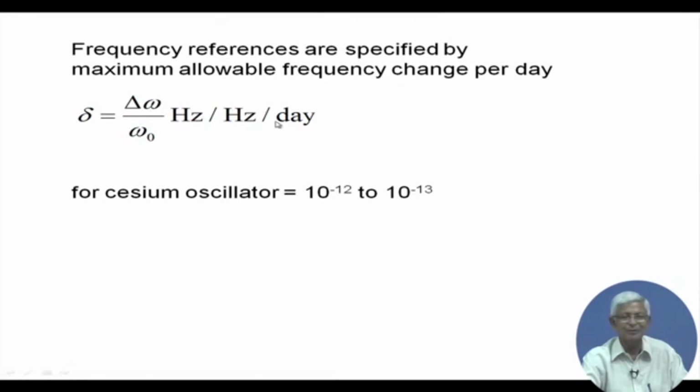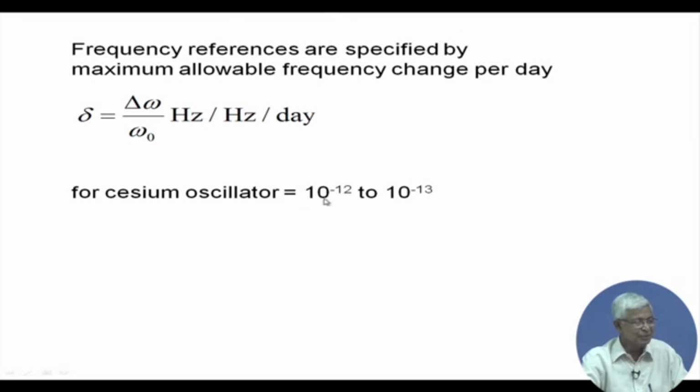So it is specified as hertz per day. Delta omega is in hertz, omega naught is in hertz, and per day. I am giving you some examples. Cesium is a very stable oscillator. GPS satellites use cesium oscillators. Time references use cesium oscillators.